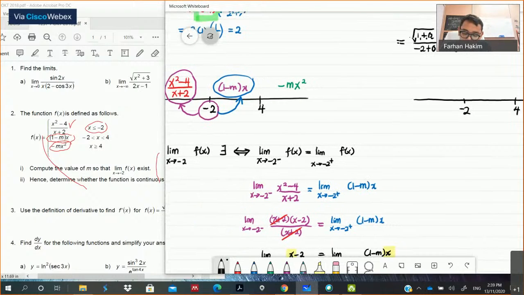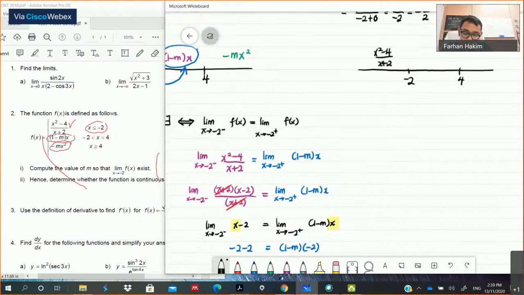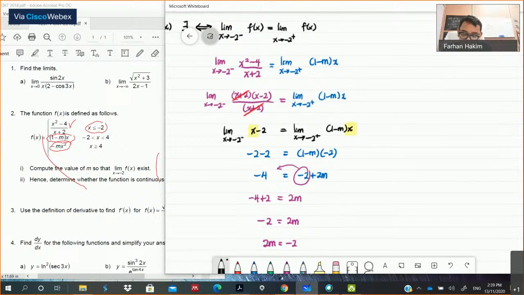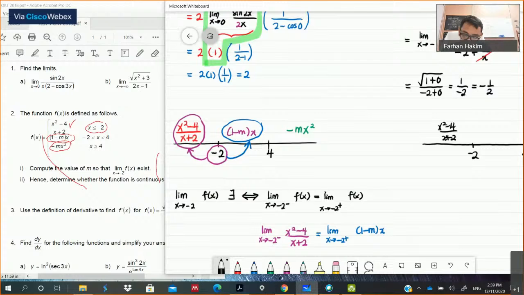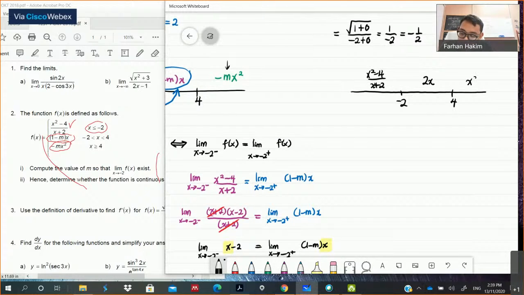This part is x squared minus 4 over x plus 2. In the middle, we have 1 minus m of x. Since m is -1, 1 minus -1 gives 2, so the middle function will be 2x. Substituting m with -1 in the last function, it becomes plus 1, so x squared only.